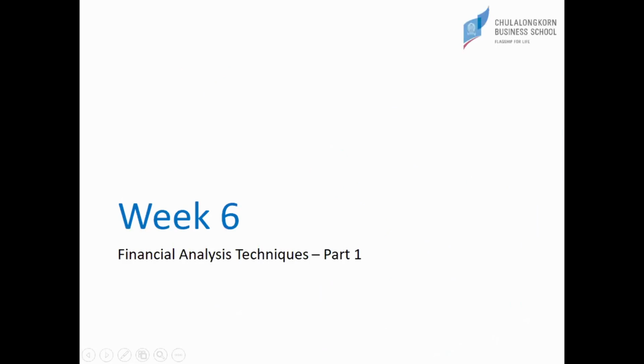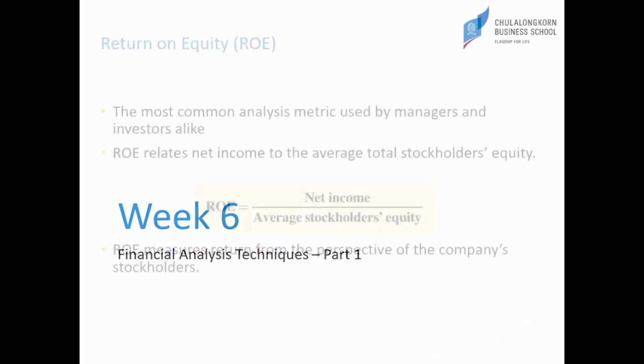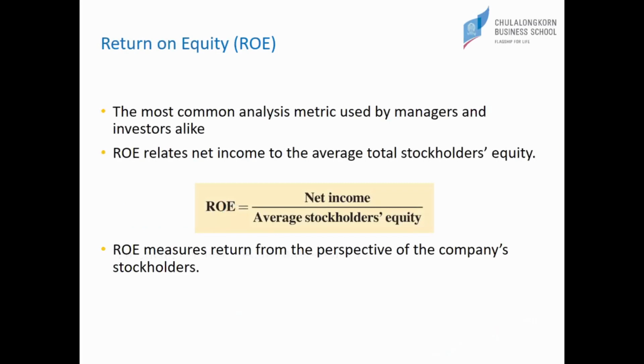So financial analysis technique, and today we will be focusing on the profitability analysis. Before, we saw ROE and ROA. ROE is the most commonly used metric by managers and investors.